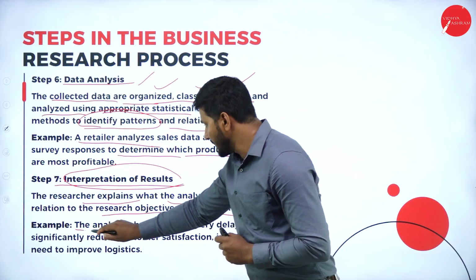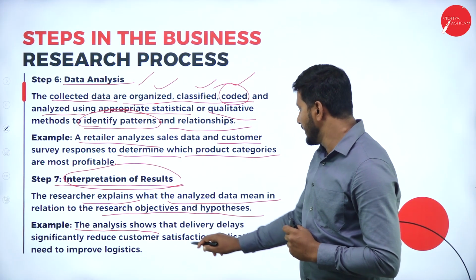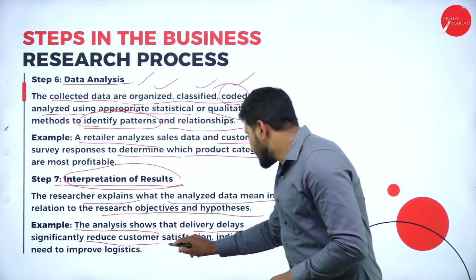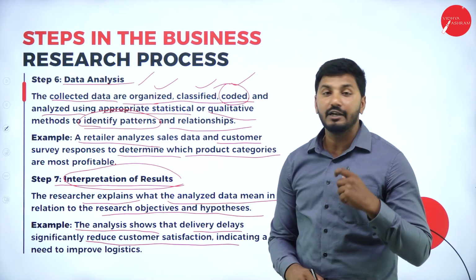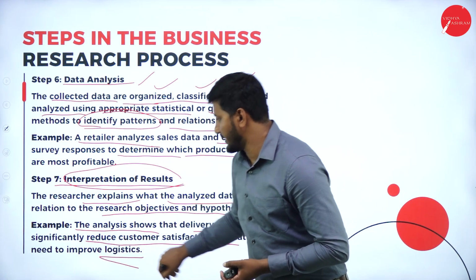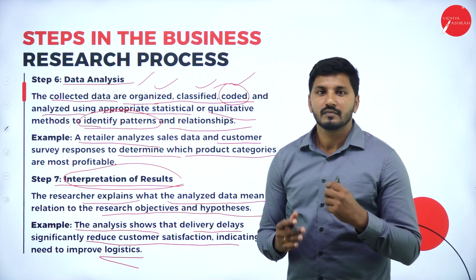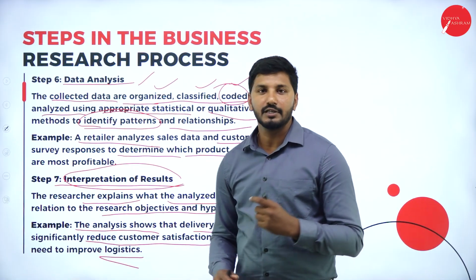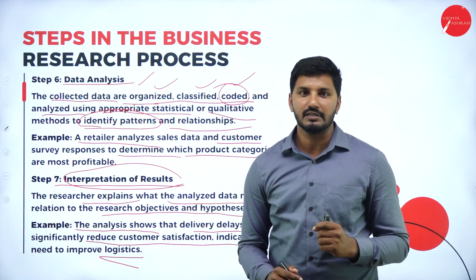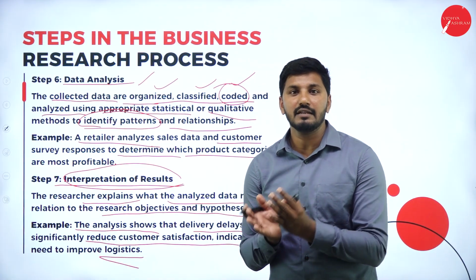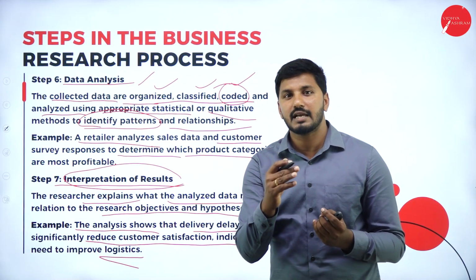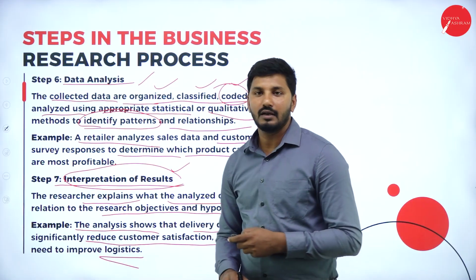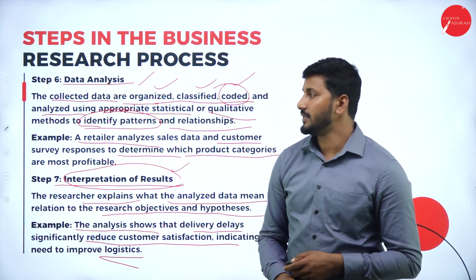For example, the analysis shows that delivery delays significantly reduce customer satisfaction, indicating a need to improve logistics. Say the objective for an online service or logistics company is to provide in-time services. In case of any delay, automatically customer satisfaction will come down. So that is the major result. It comes through step 7, interpretation of results.